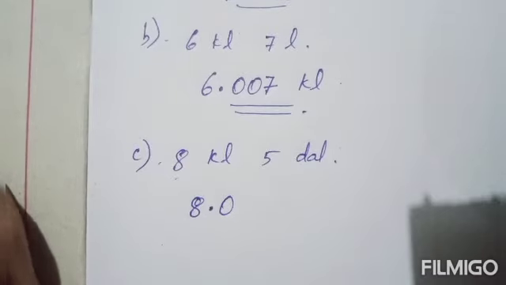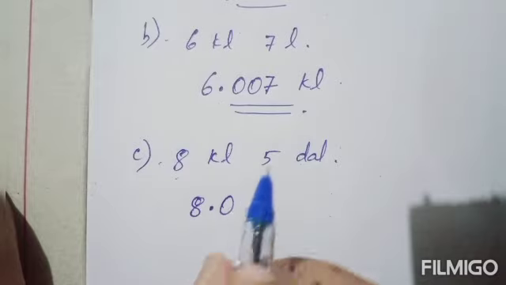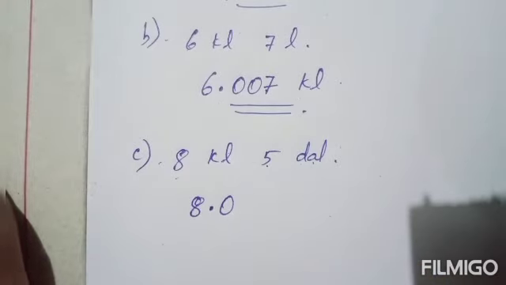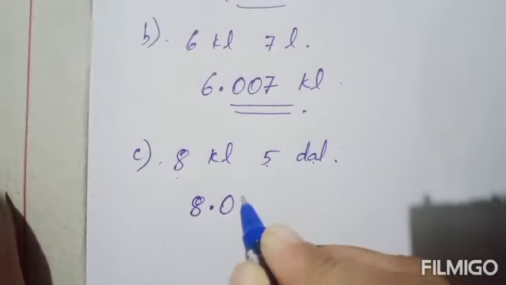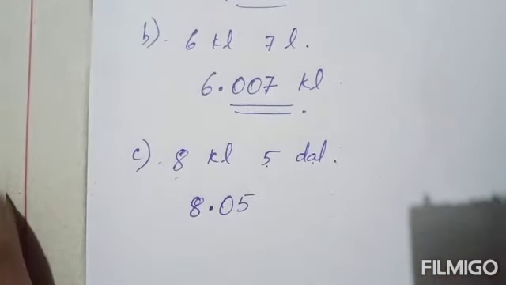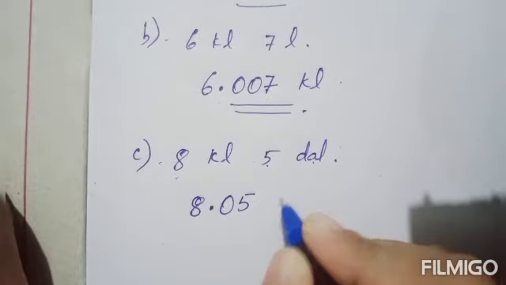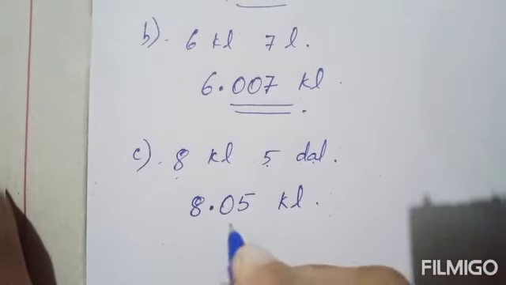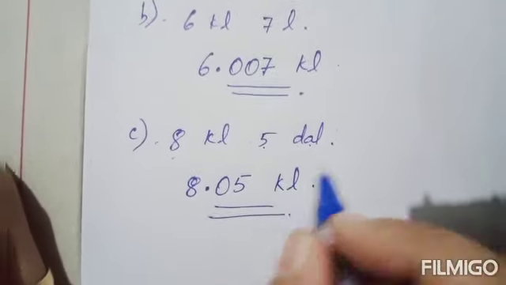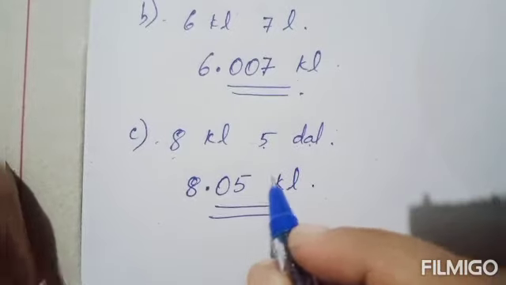Now the 100th place is decaliter. 5 decaliter is given in the question, so the 100th place digit will be 5. 8.05 kiloliter will be the answer. Liter is not given, so no need to write that.